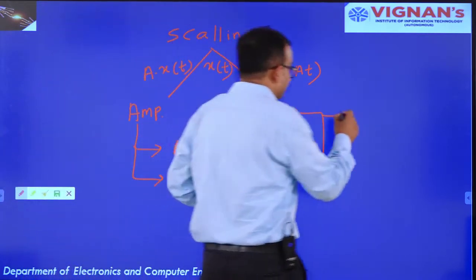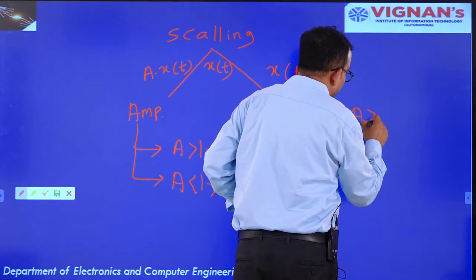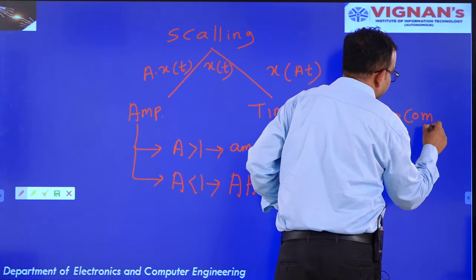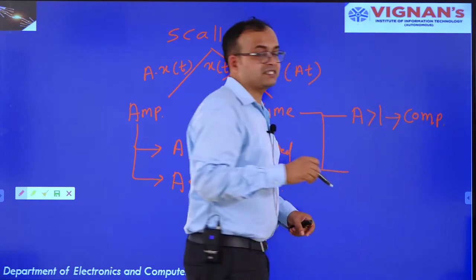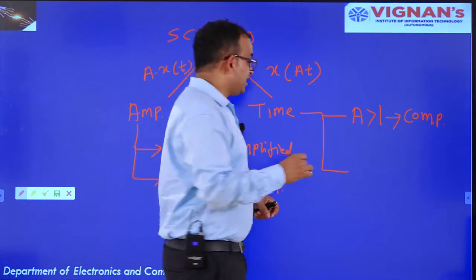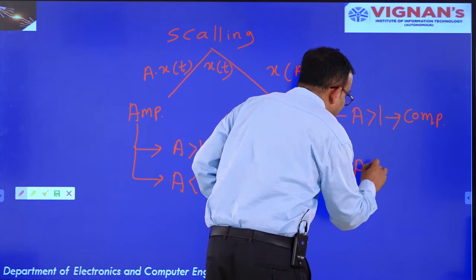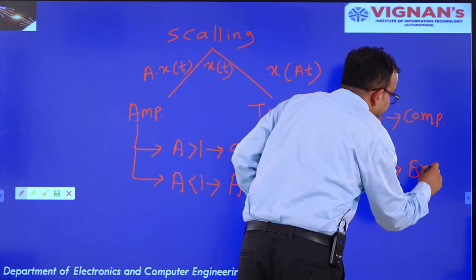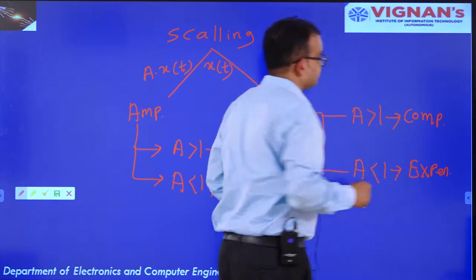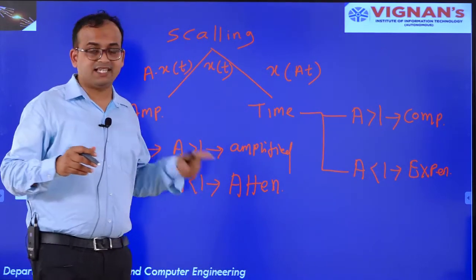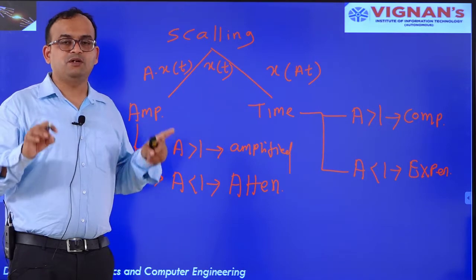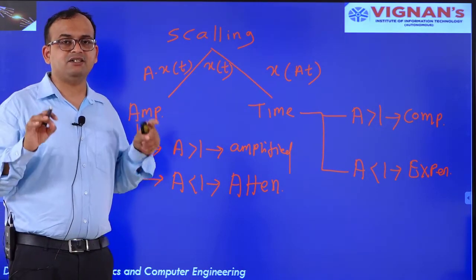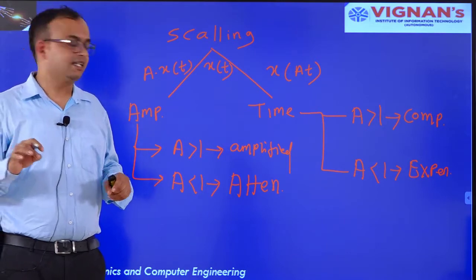When A is greater than 1, the signal will be compressed, I am writing COMP for compressed. Similarly, when A is less than 1, the signal will be expanded. So this is the overall thing we have discussed till now, and this is known as the scaling operation of a signal.